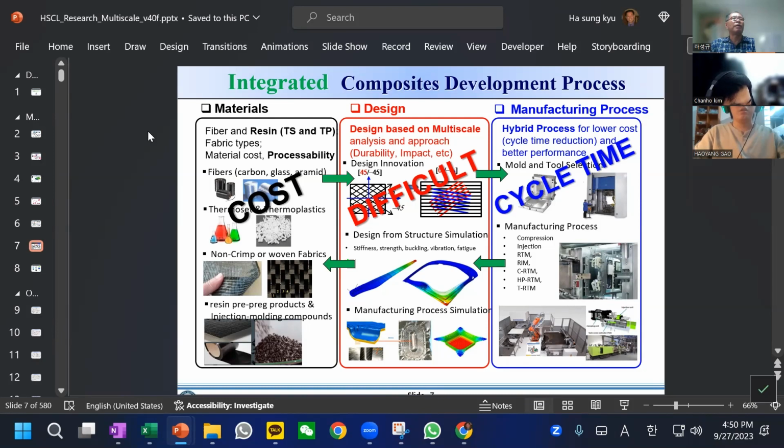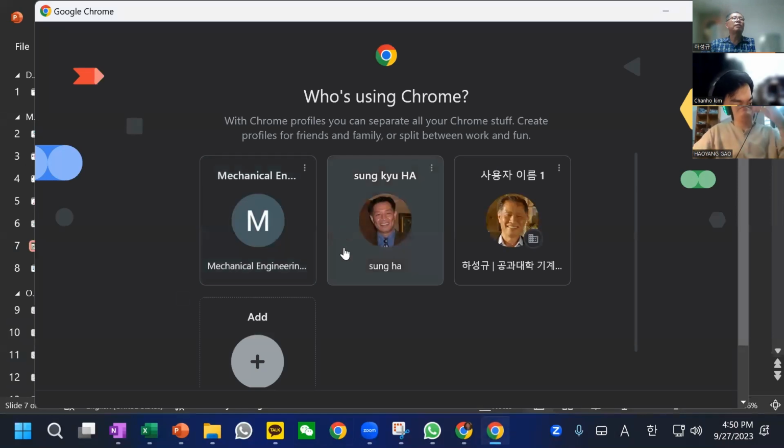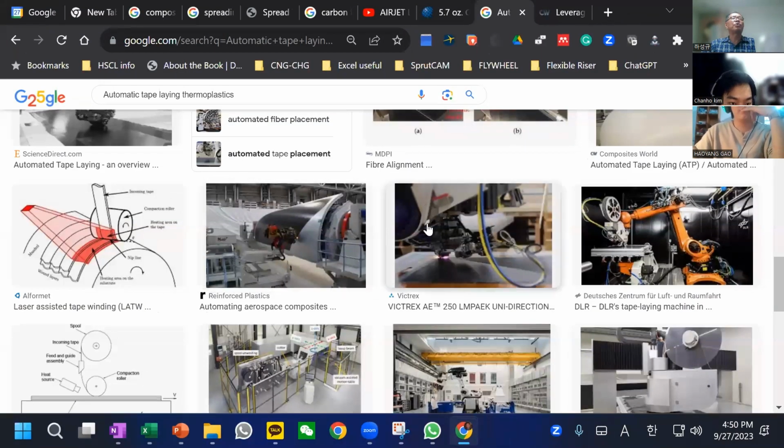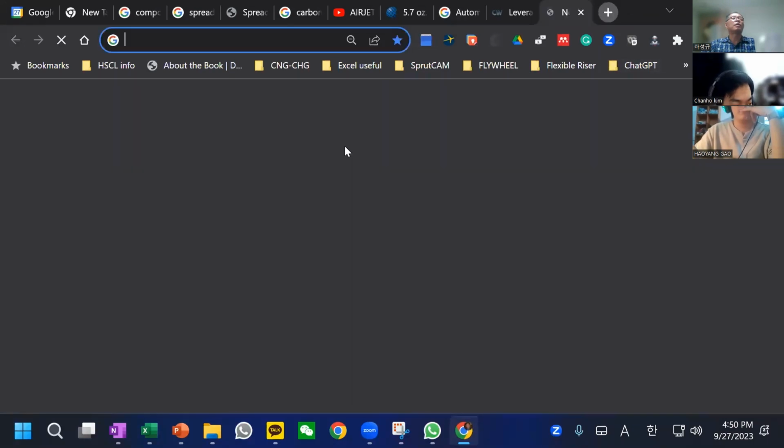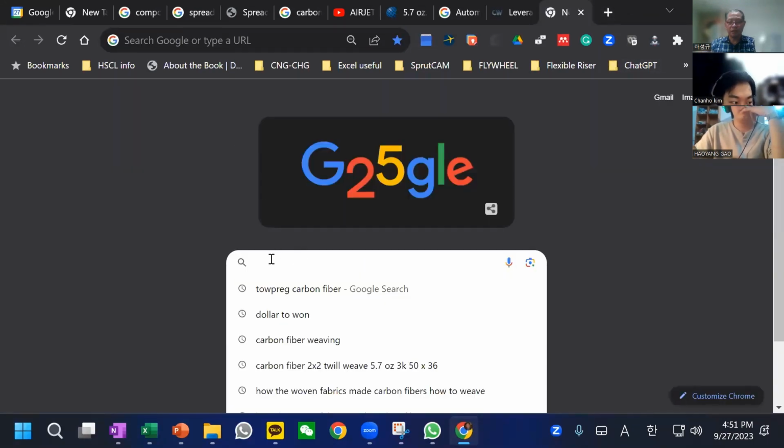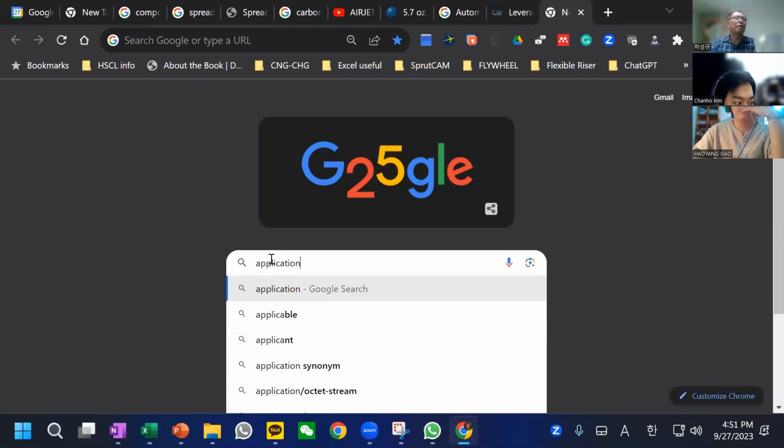And again, the composite is getting widely spread all over the world and all the structures. I don't need to repeatedly mention that, but it's gonna be a huge, you know, the applications.